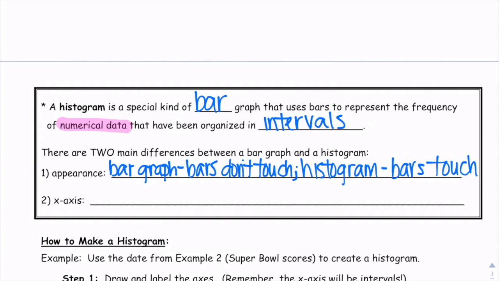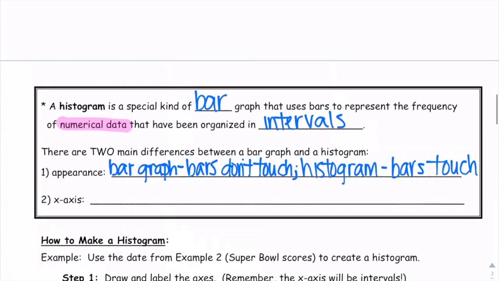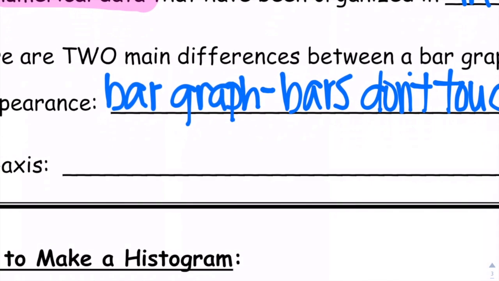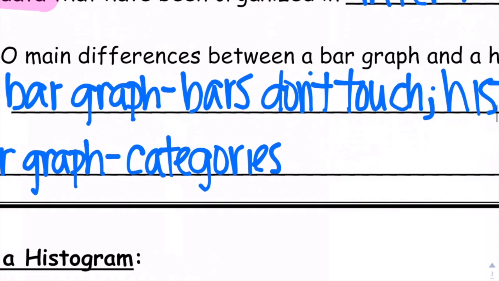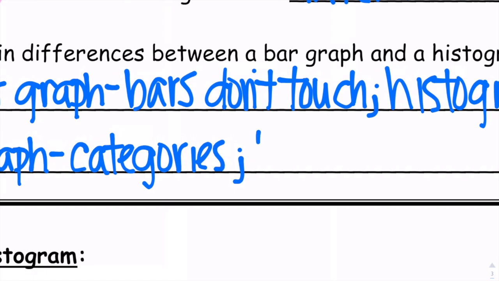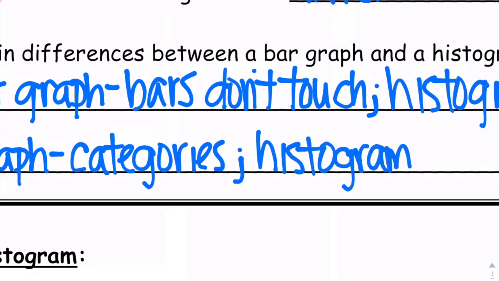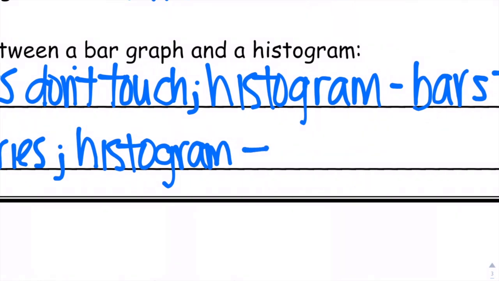And then you have the x-axis. The difference between those is that in a bar graph, your x-axis represents categories, and in a histogram, your x-axis represents your intervals.